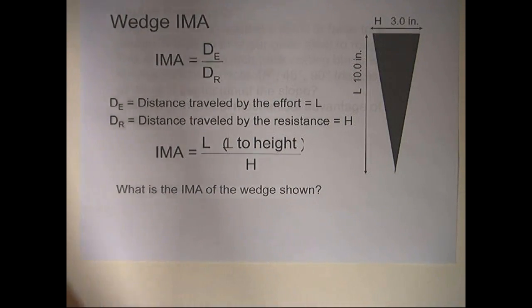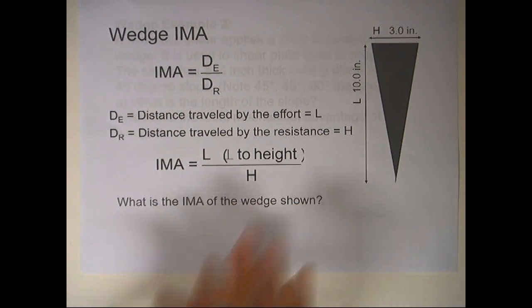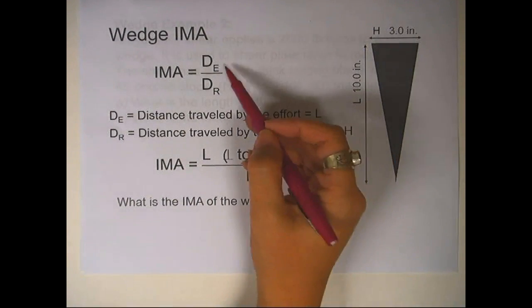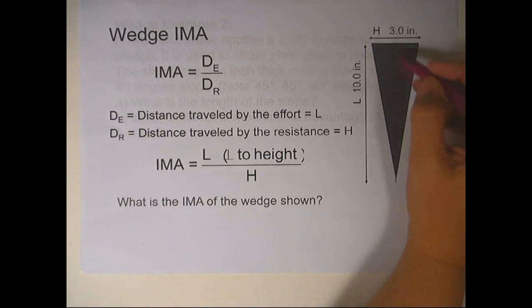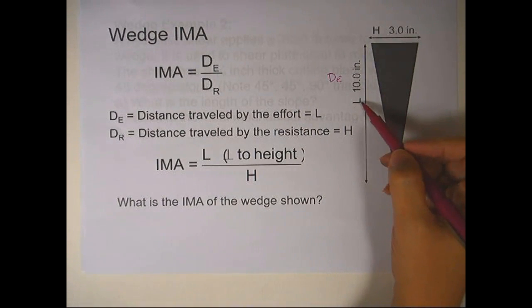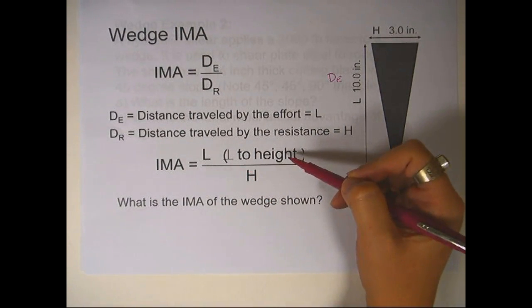You do have this picture to glue in, and this is basically showing the same information I was just saying. Our DE over DR: this here is my DE, and they call this the length perpendicular to the height.